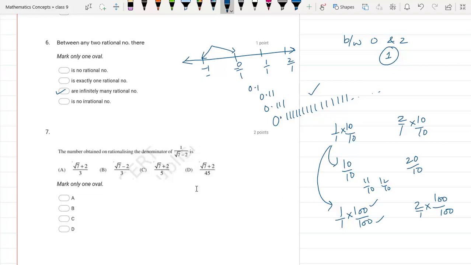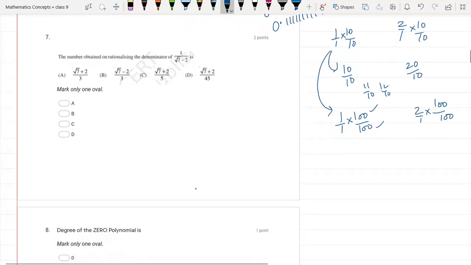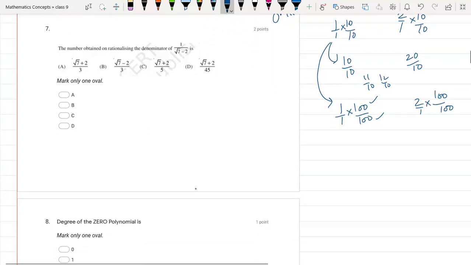Now question number 7. The number obtained on rationalizing the denominator of 1 upon root 7 minus 2. We all know the rule of rational numbers and normal numbers, that denominator of a number can never be irrational. So we have to make it rational by certain techniques.